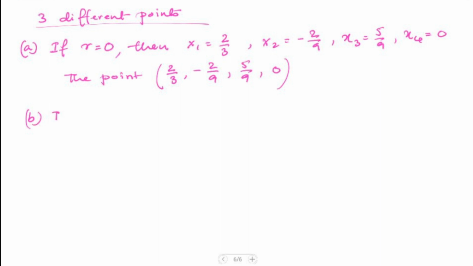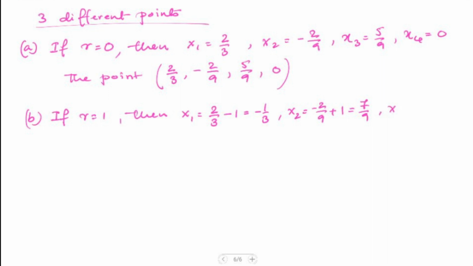So if r is equal to 1, then we have x1 is equal to 2 over 3 minus r, that's 1, and that gives us the number minus 1 over 3. x2 is minus 2 over 9 plus r, which is equal to 7 over 9.